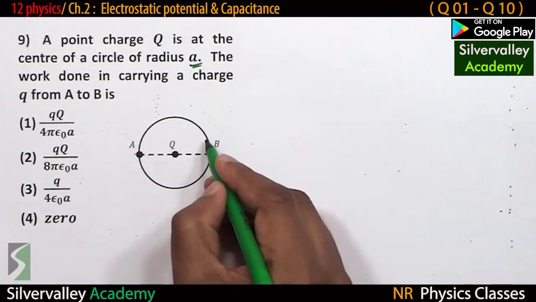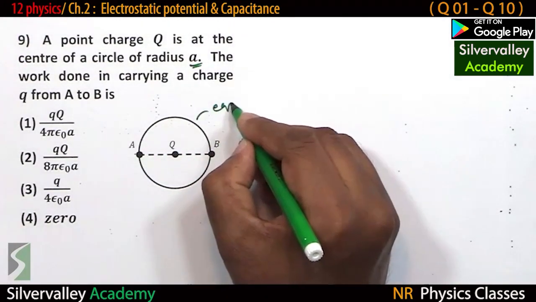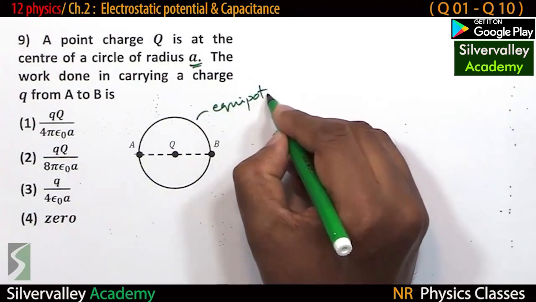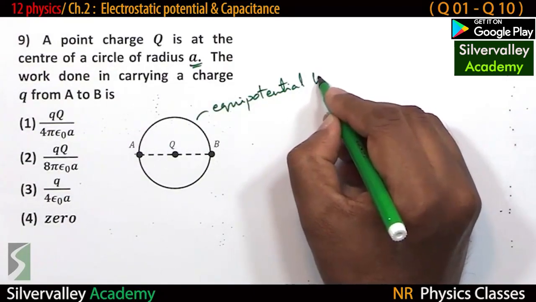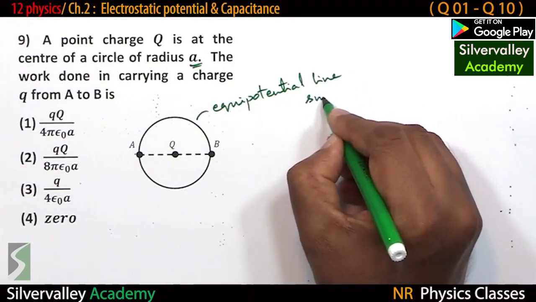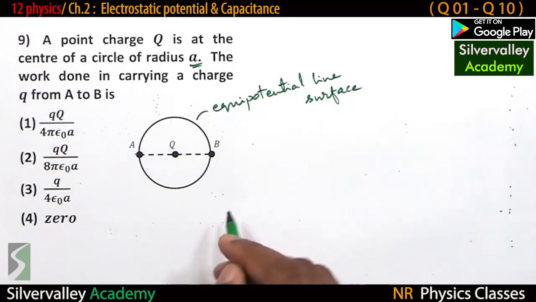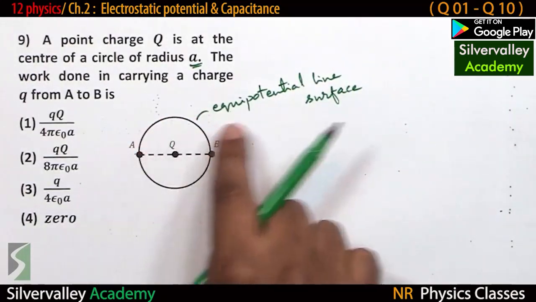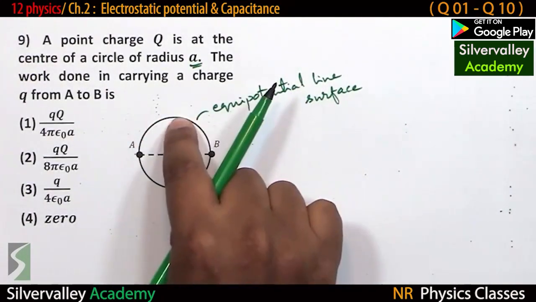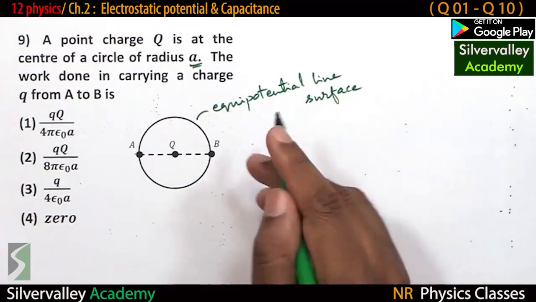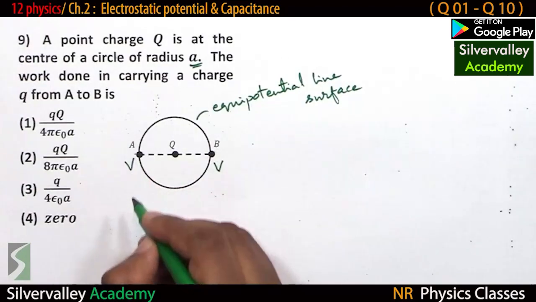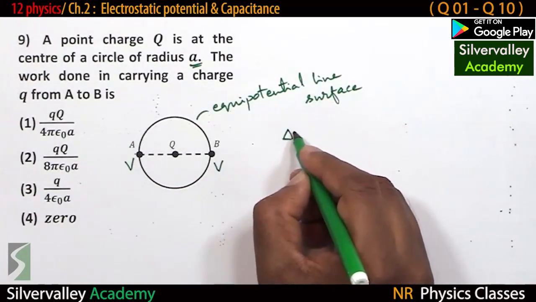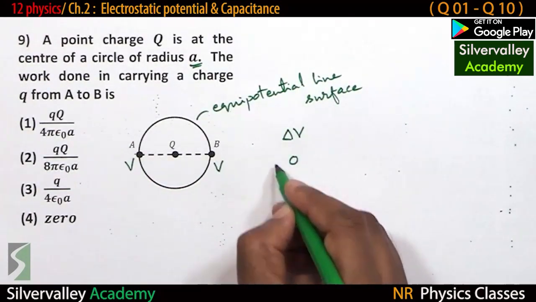So this circle is equipotential line or equipotential surface. In 3D, equipotential surface. In 2D, equipotential line. So B is at potential V, then A is also at potential V. Then potential difference is 0.